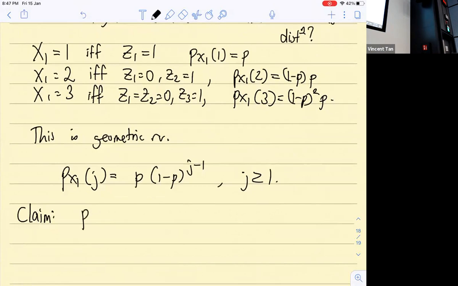P of X_k is the same as P of X1, the probability mass function of X1, for every k in N. All the inter-arrival times have the same distribution, all geometric.